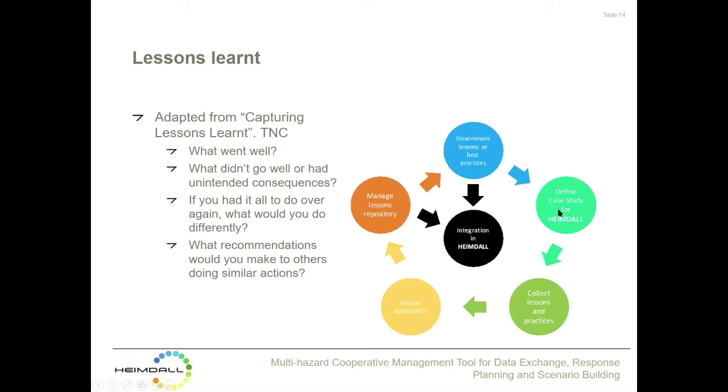HEIMDALL will take profit of this methodology by managing the lessons learned and also disseminating lessons learned to all end users.